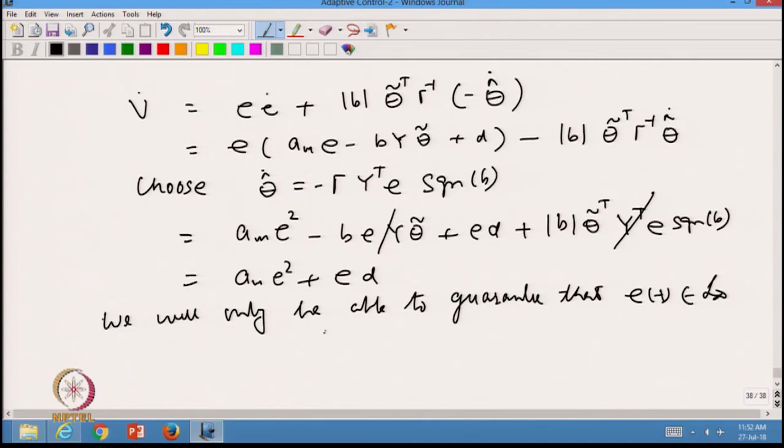So we can't guarantee that theta tilde of t is bounded, or kx tilde, kr tilde is bounded.